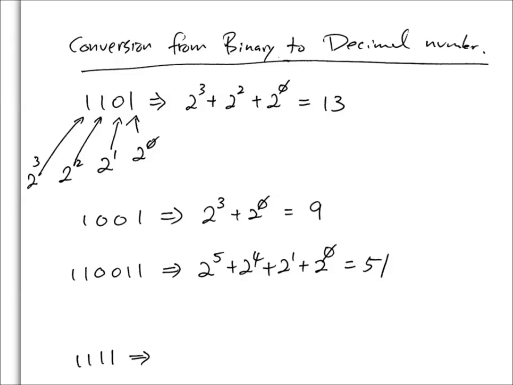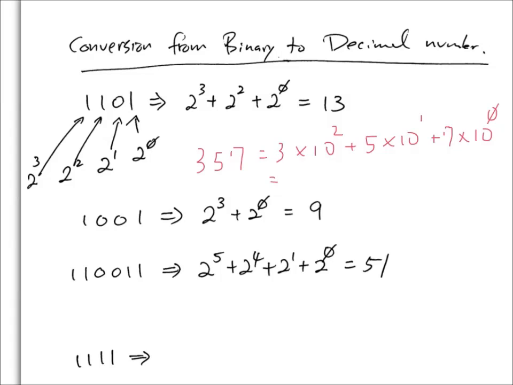For example, if we have a decimal number like 357, what that means is we have 3 hundreds, and 5 tens, and 7 ones.